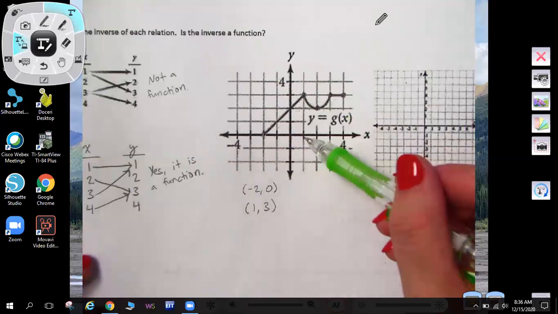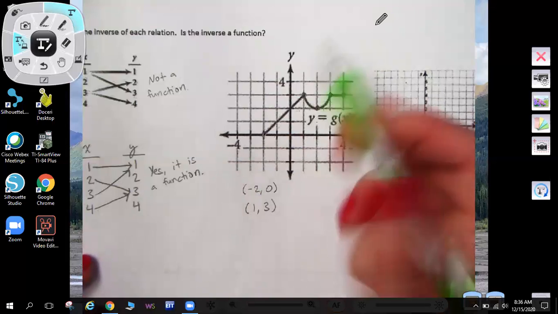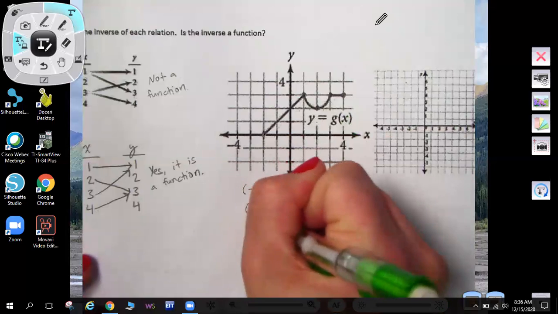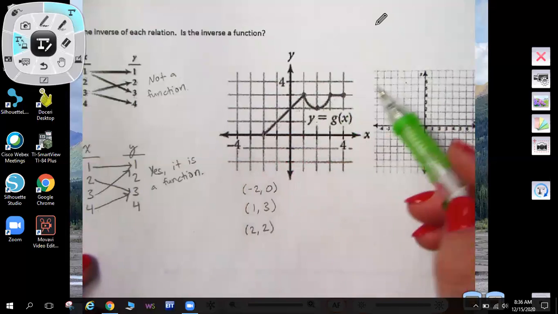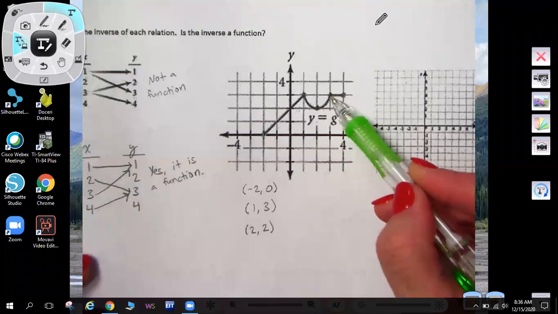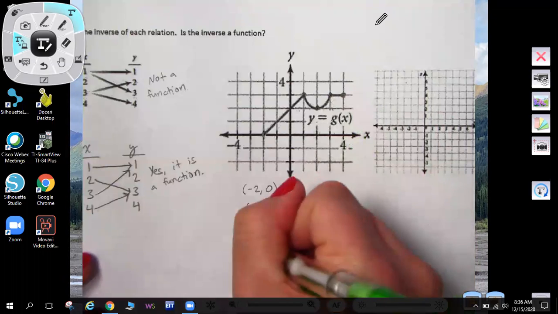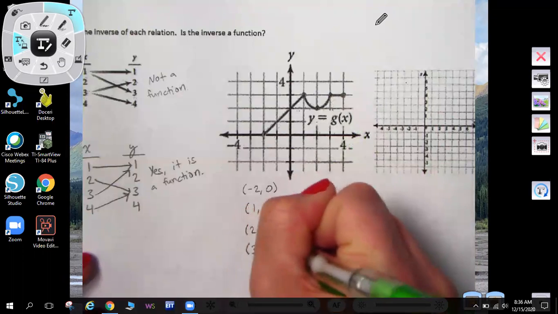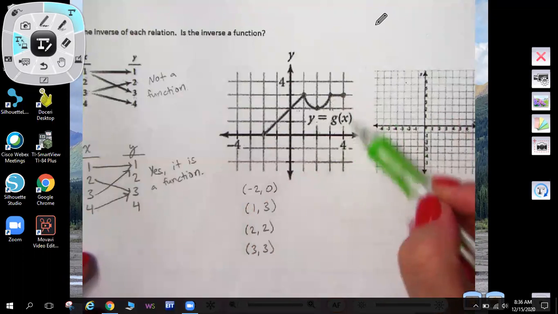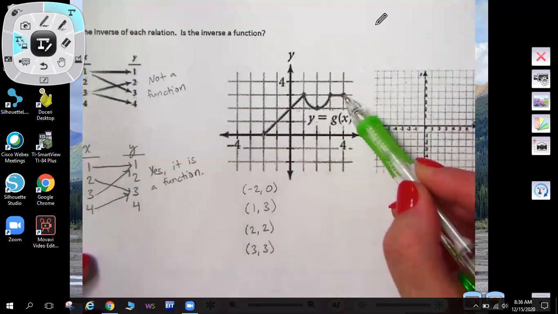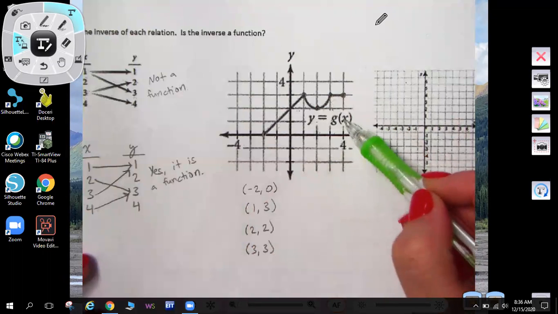This next point is 2, 2. This point is 3, 3. And the last point is at 4, 3.